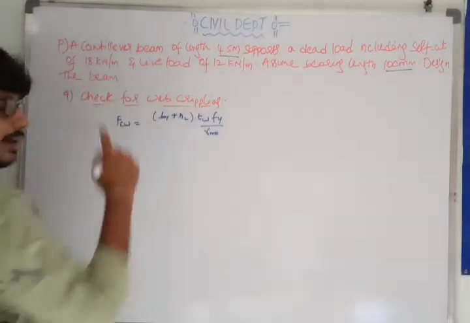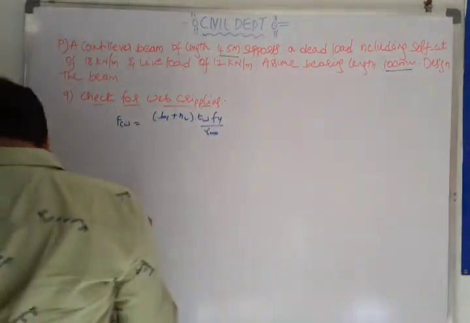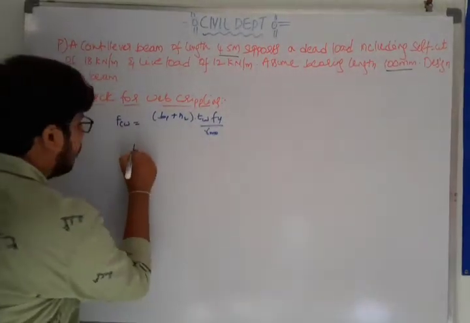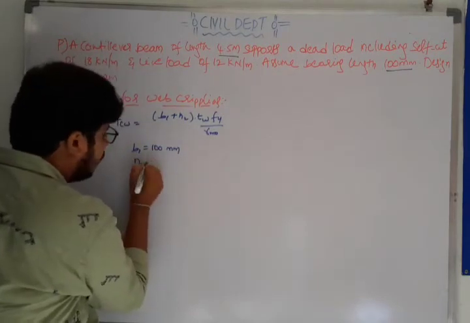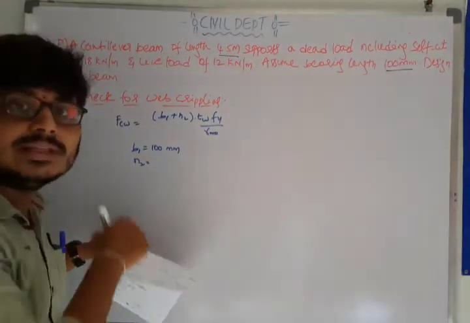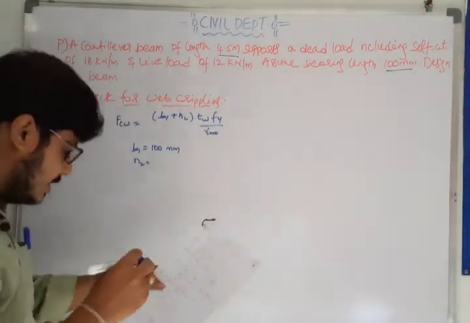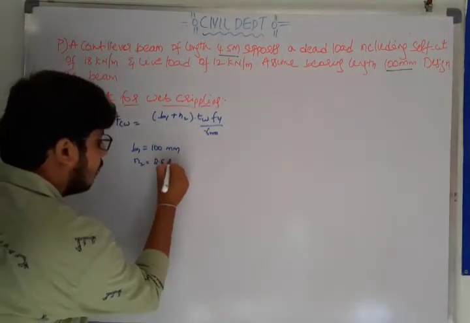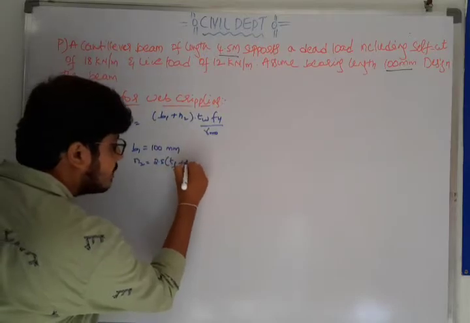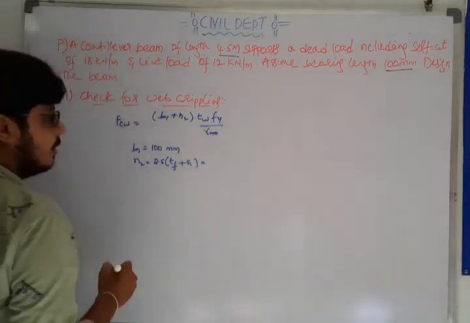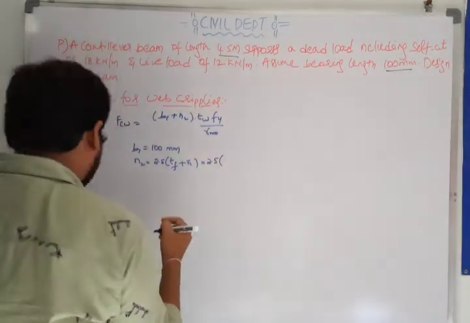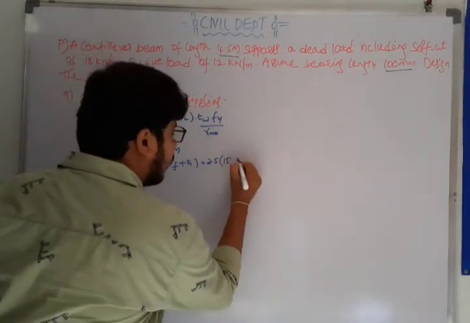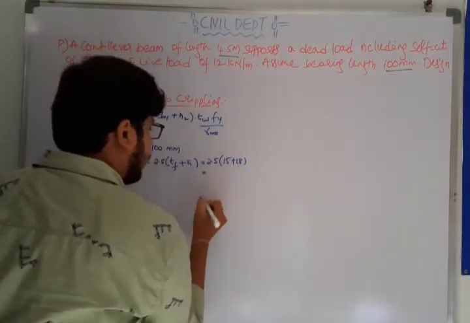Here say B1 is equal to 100 mm, and the formula for N2 will be changed: 2.5 into TF plus R1, that is 2.5 into TF, which is the thickness of flange, plus R1, the radius of the root.